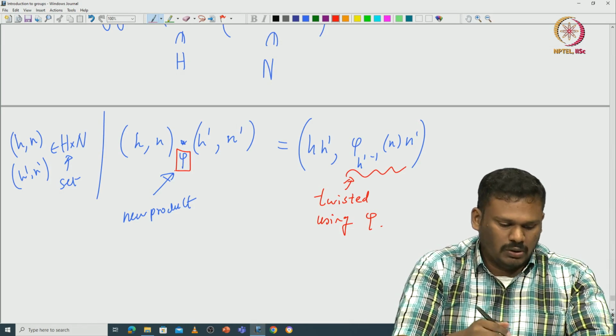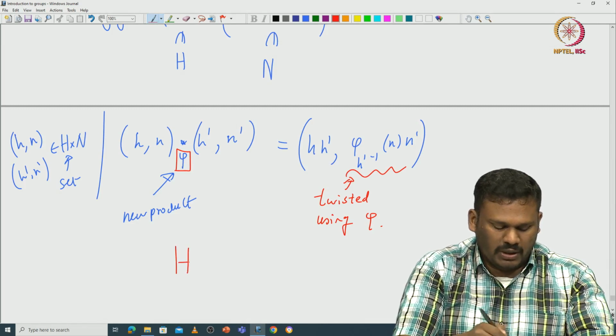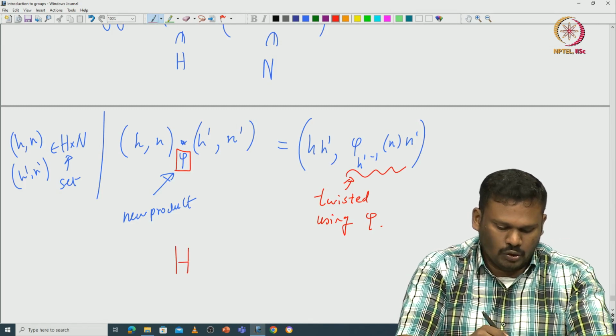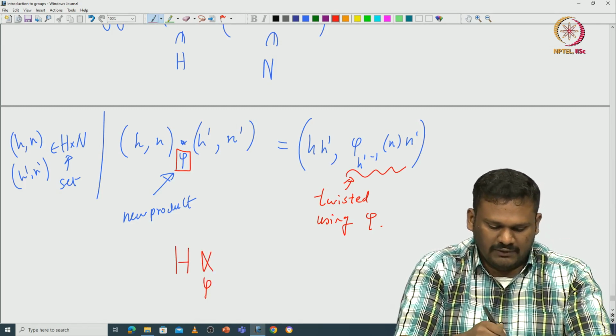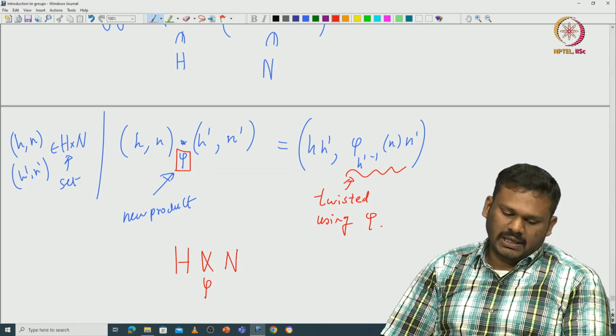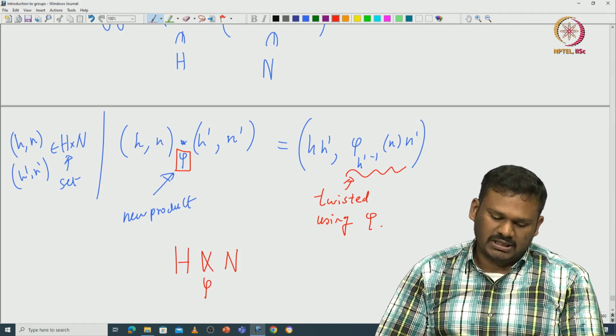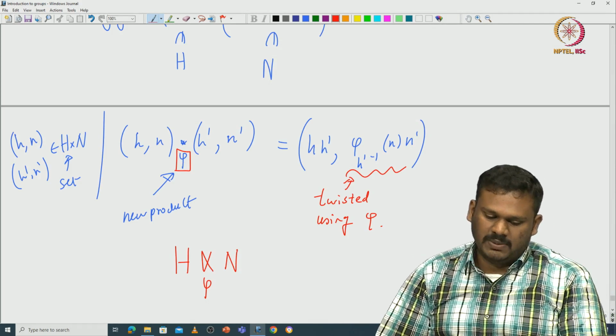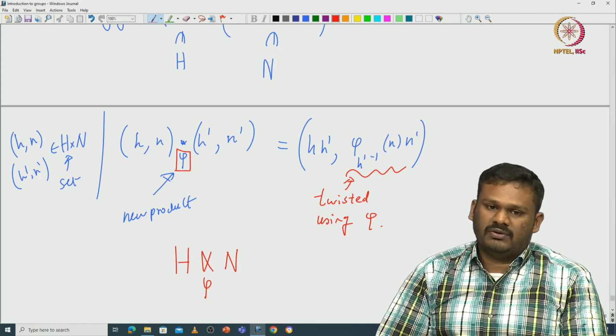So such a group, okay, one can verify that this is indeed a group and this is actually given by this automorphism phi. Okay, this is the semi-direct product of H and N, or extension of H by N using this automorphism phi.